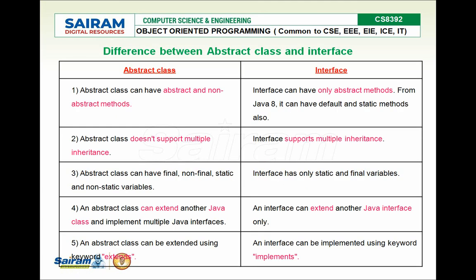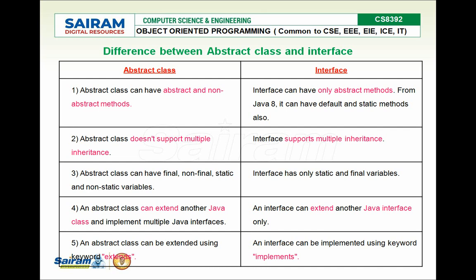Now let's see the difference between abstract class and interface. As I said already, an abstract class may have abstract methods and normal or non-abstract methods, but in an interface all the methods are abstract by default, since an interface doesn't have implementation. So an interface can have only abstract methods.